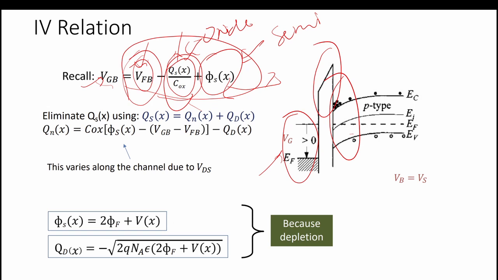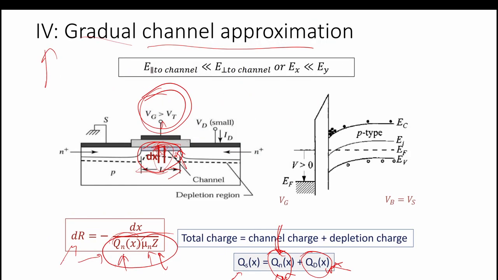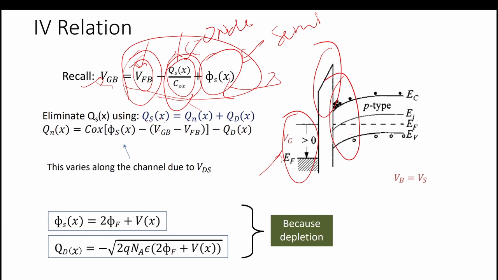So Qs is equal to Qs(x) at any point x, let us say at this point. Qs(x) is equal to Qn(x), which is in the channel, plus the depletion charge.